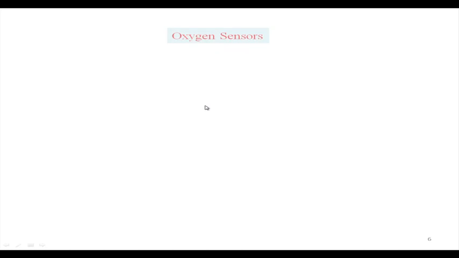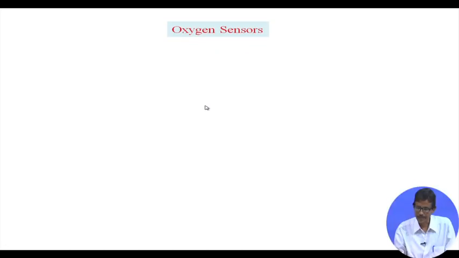Now we will move to the development of sensors, which is a typical part where we talk about the application of electrochemical methods of analysis.